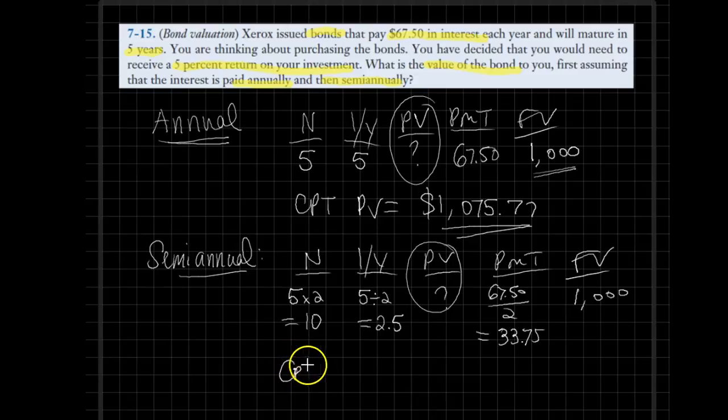Now again, we can compute the present value, and in that case this figure will come out slightly different, $1,076.58 to be exact. And this whole difference is just related to the coupon payments being made semi-annually versus annually.